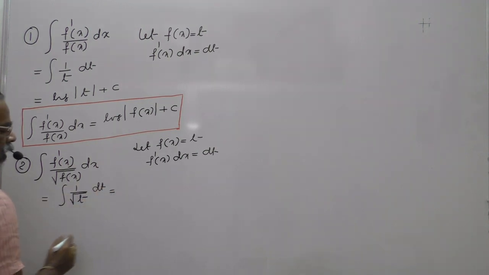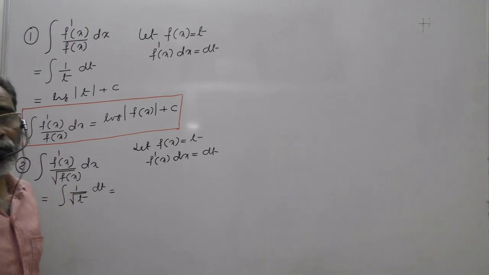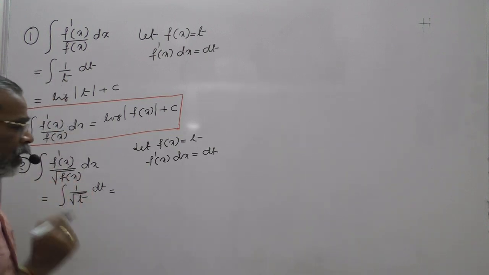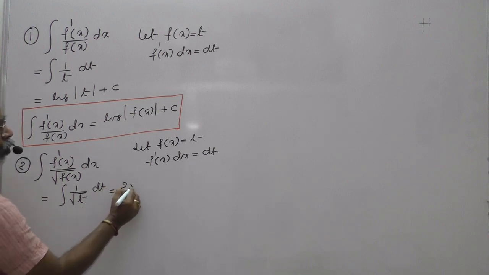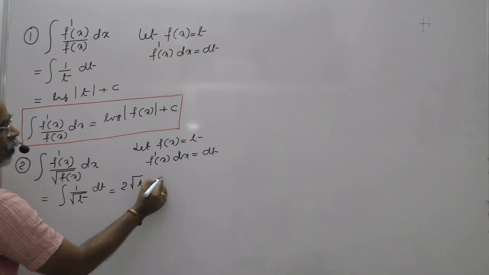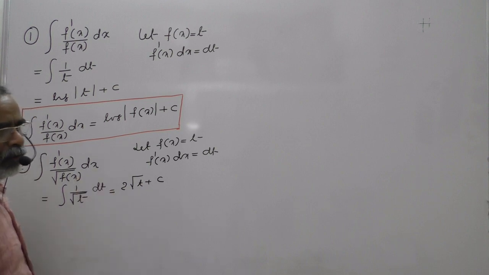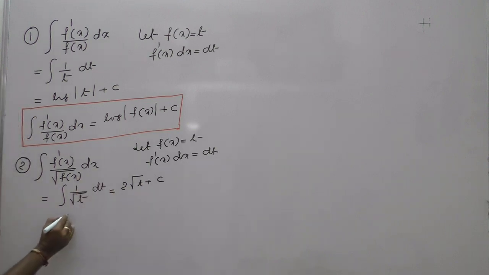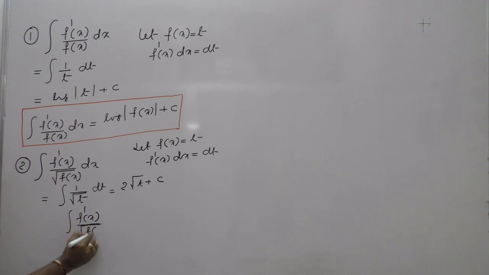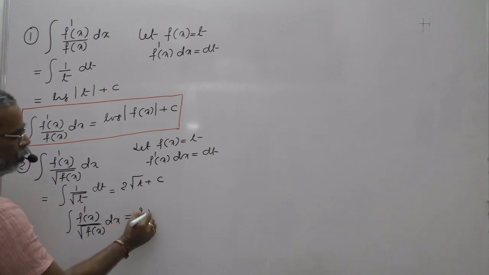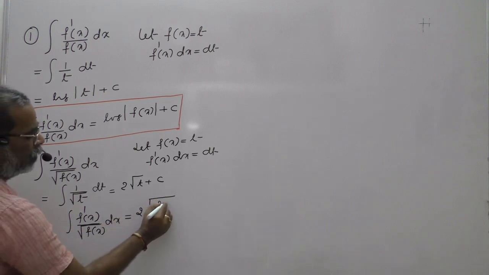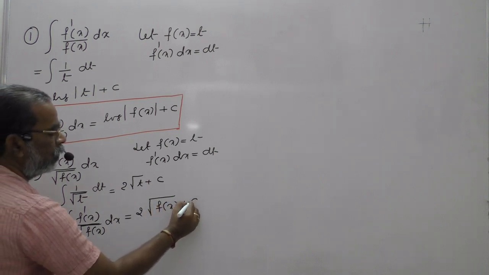Therefore, what is its integral? 1 by root x is one of the 27 standard integrands. Its integral is 2 root t plus c. You can replace this t by f of x, because in this question t has not been given. Therefore, the integral of f dash x divided by root over f of x into dx is 2 into root over f of x plus c.